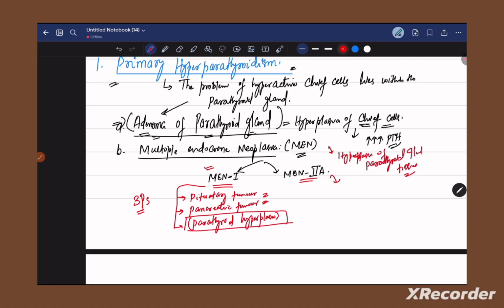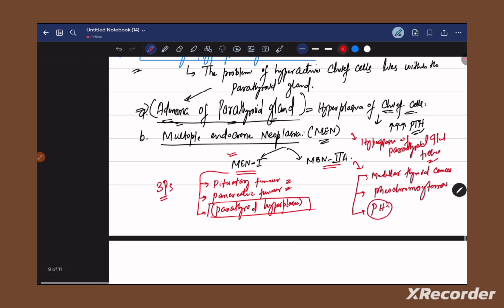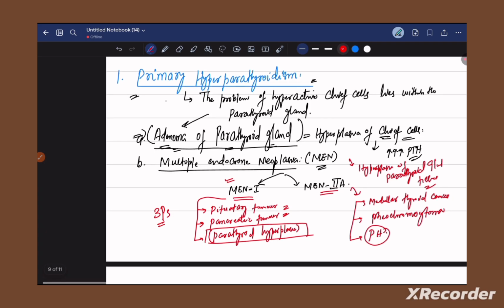In MEN 2, it is manifested by medullary thyroid cancer, pheochromocytoma, and also parathyroid hyperplasia here also. So these are the two important causes of primary hyperparathyroidism.